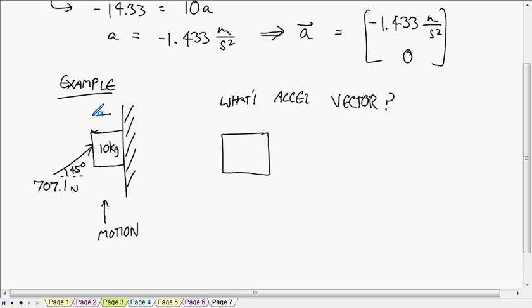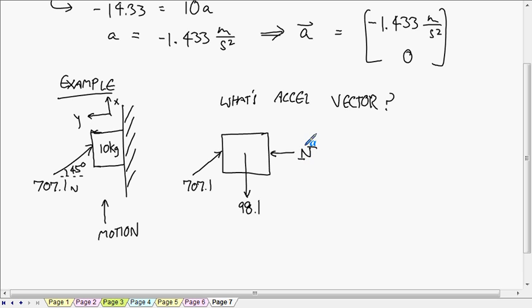The y-axis is going to point out of the wall. That means the x-axis has to point up. There's a weight force of 98.1. There's this force of 707.1. There's a normal force this way.